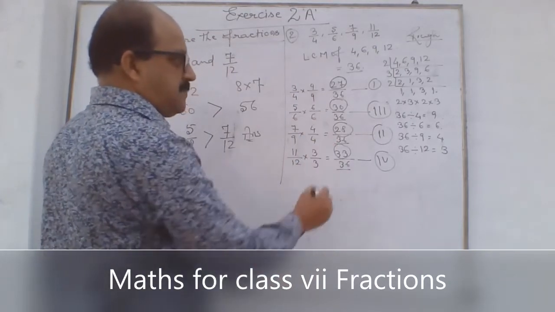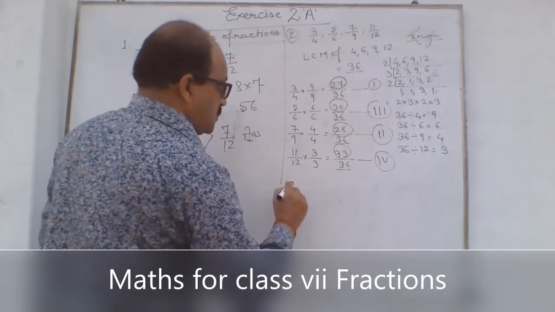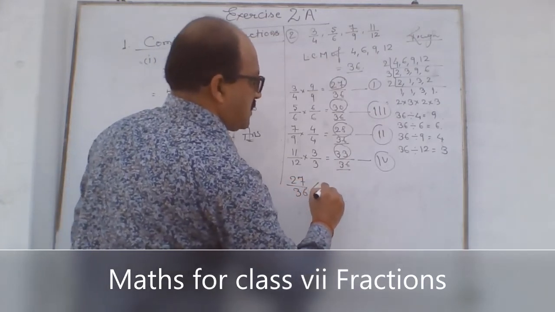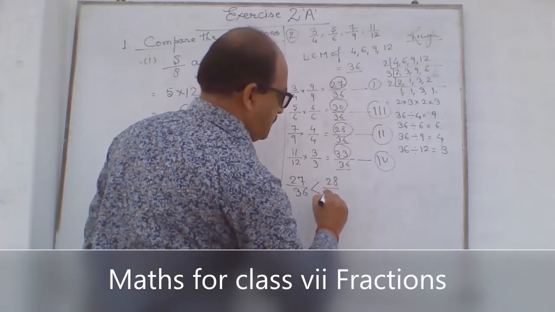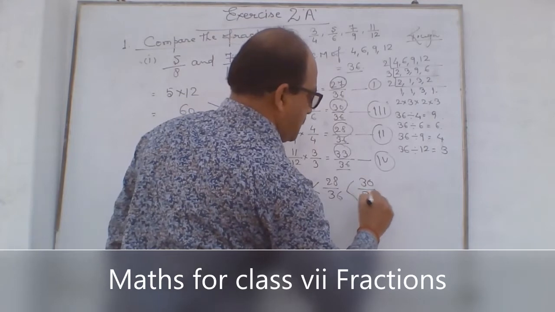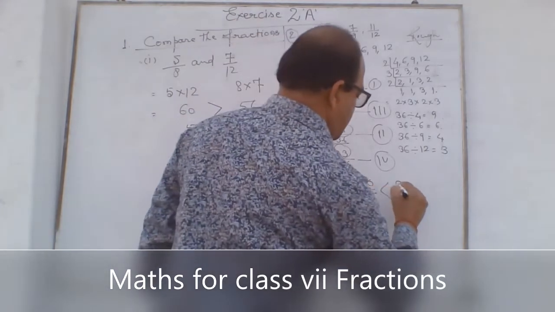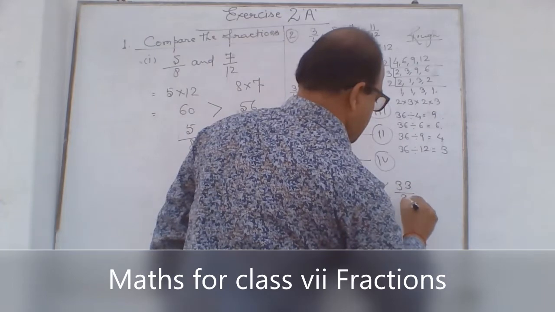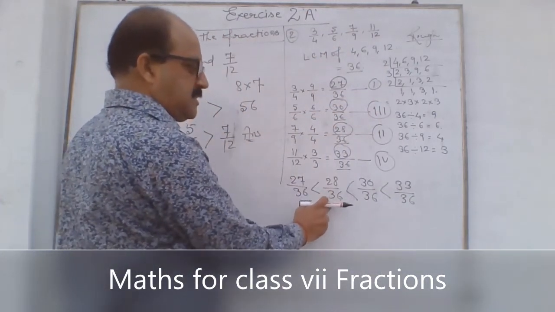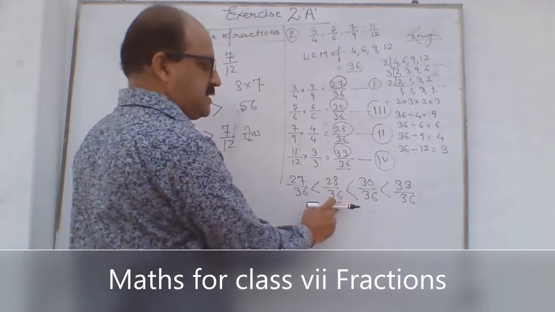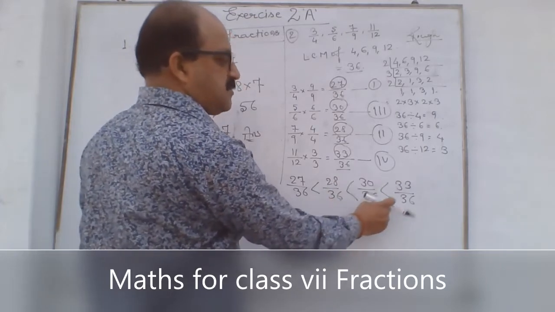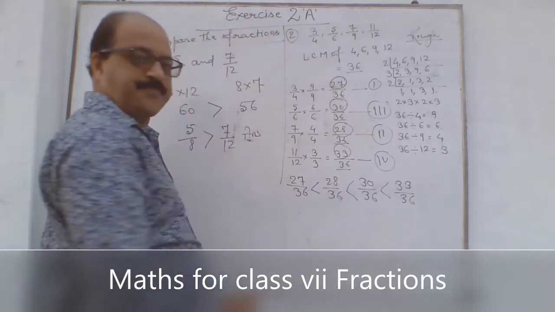So these are 27 by 36, 28 by 36, 30 by 36, and last 33 by 36. 27 by 36 is smaller than 28 by 36, 28 by 36 is smaller than 30 by 36, and 30 by 36 is smaller than 33 by 36.